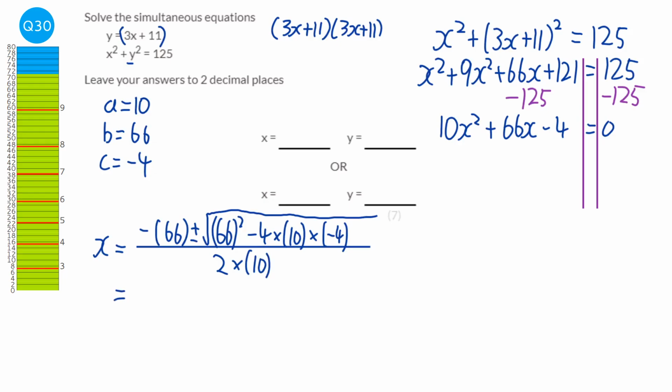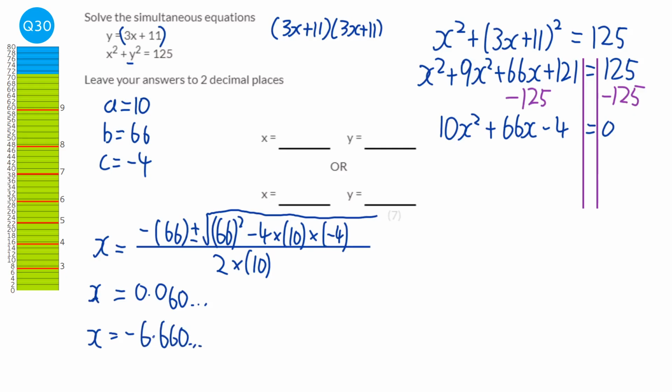When you put that as a plus, then into the calculator we get x equals 0.060 blah blah blah, and when you put a minus there we get the answer of minus 6.660 blah blah blah.